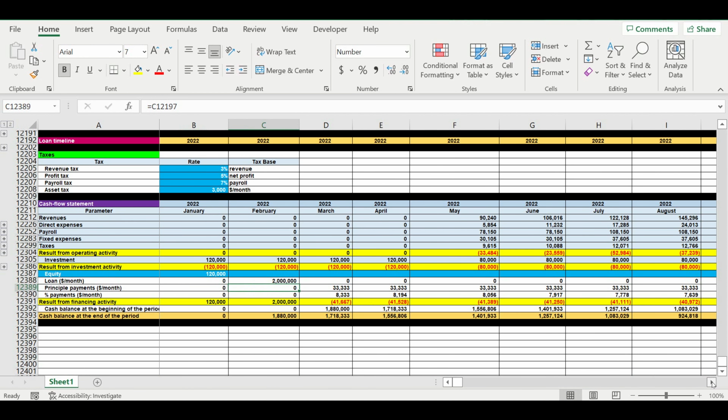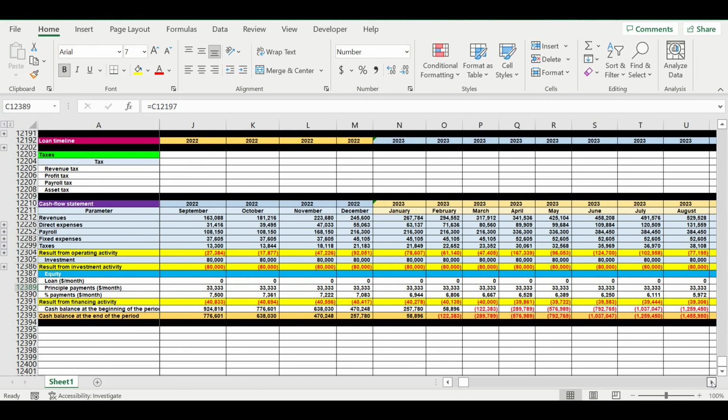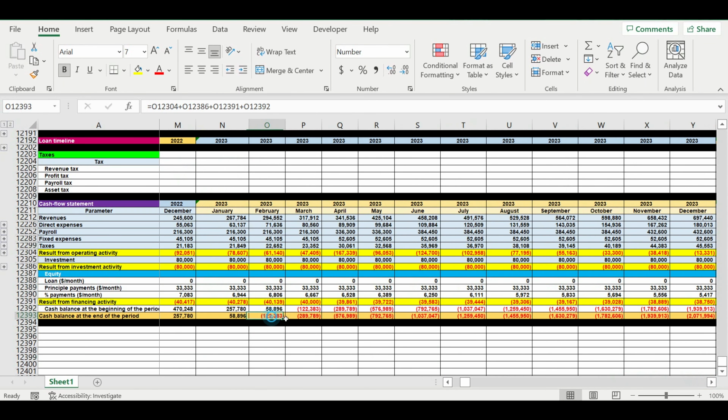Then we move to the right as usual. Here we also see some cash gap. We can add, for example, 1.6, 1.7, 2 million.